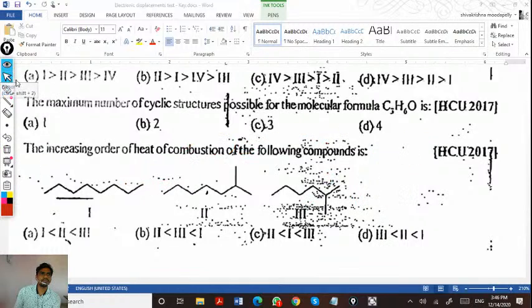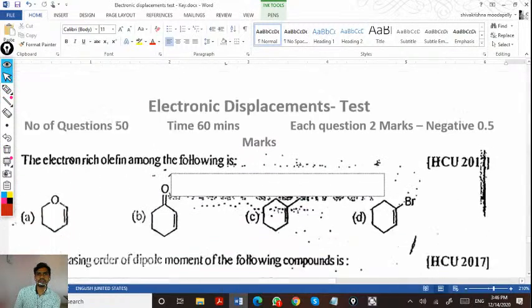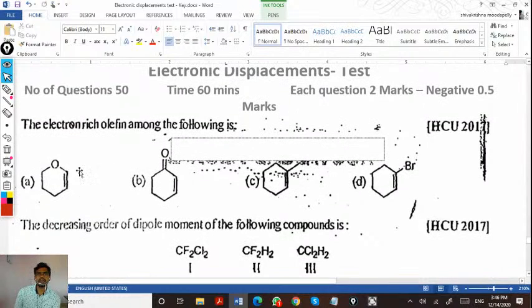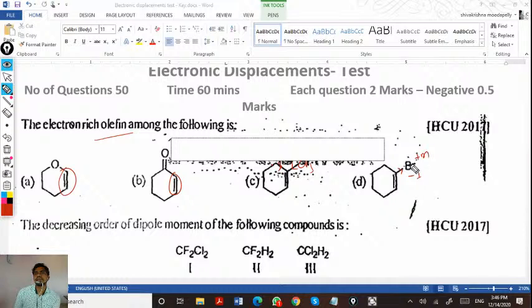So next, the electron rich olefin among the following. This is an olefin attached with oxygen, and this is an olefin attached with a C double bond. These are two methyls, which are donating, and this is bromine, which is withdrawing according to the inductive effect, so minus I, and plus M because it has a lone pair.